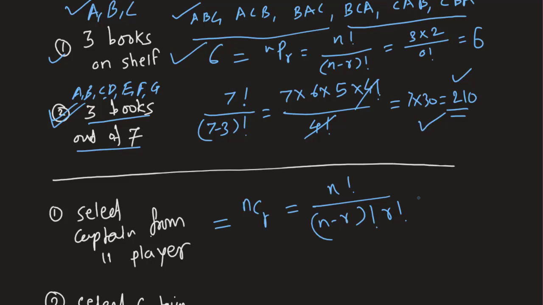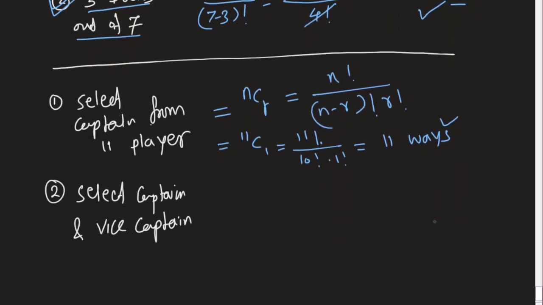If you want to select the captain from the 11 players, here n is 11 and r is 1, so that will be 11 factorial divided by 11 minus 1, that is 10 factorial, into r factorial, that is 1 factorial. So it will be 11 ways in which we can select the captain, which is logical because there are 11 players, so you can select one player out of 11.